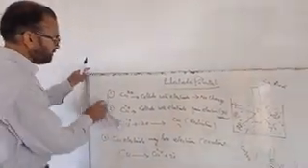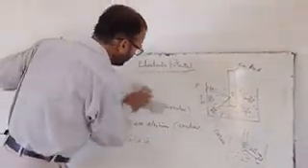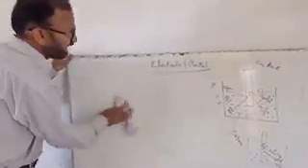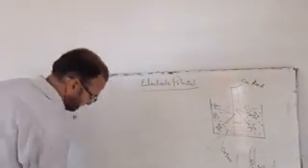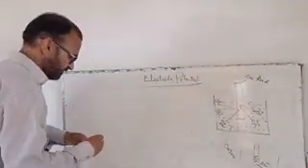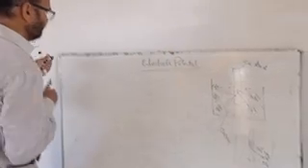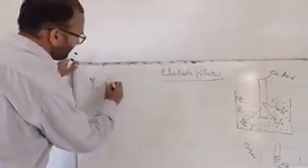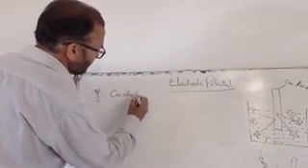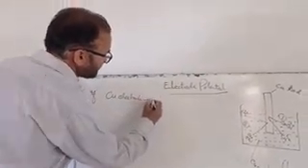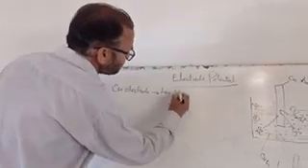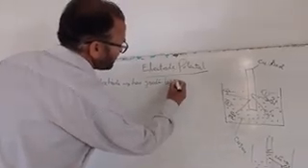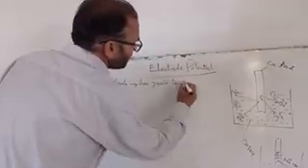Now, if the copper electrode, this copper rod which we have dipped, has a greater tendency to get oxidized, or a greater tendency to get reduced.